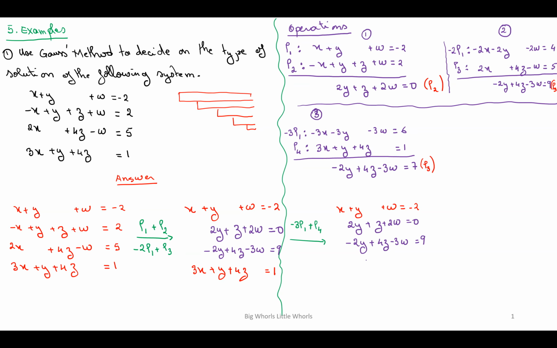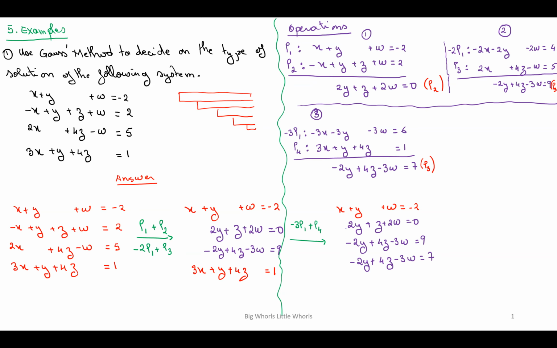And we have just changed row 4, which is minus 2y plus 4z minus 3w equals 7. So we have successfully used the leading variable in row 1 to eliminate the terms in that variable in the rows below row 1.